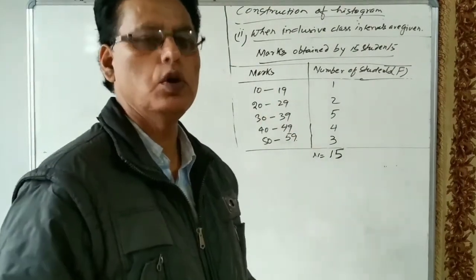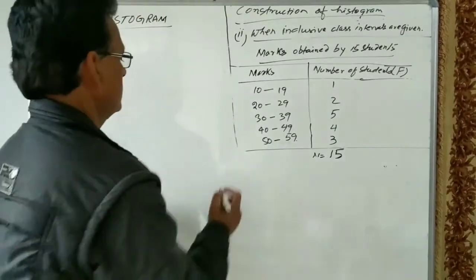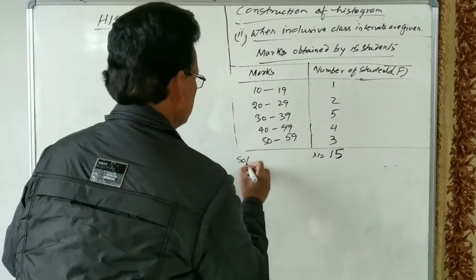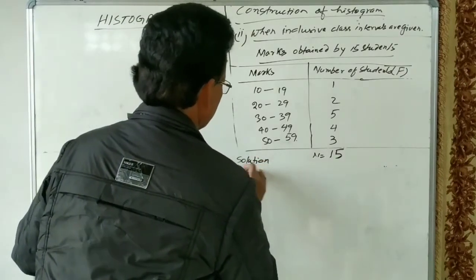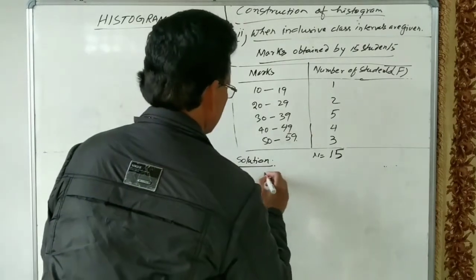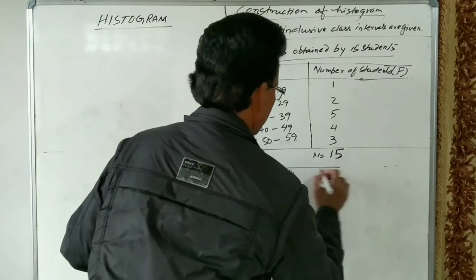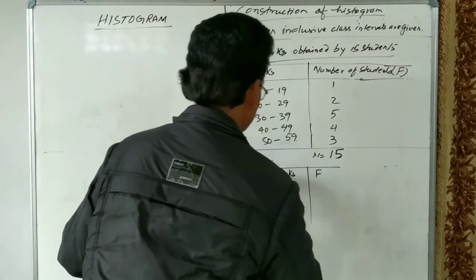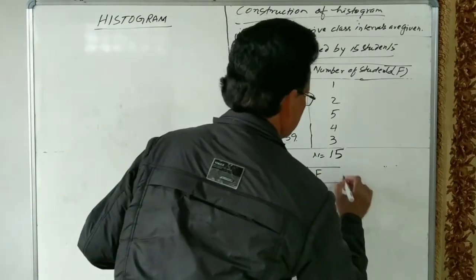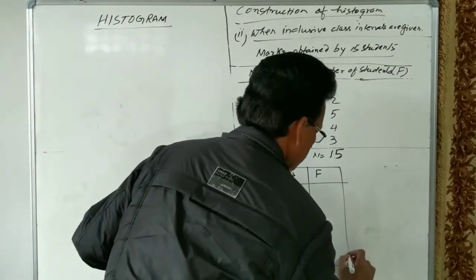Firstly, what can we do? We have to convert it into the exclusive class interval. So in the solution, here we write the marks and here we write the frequency. Frequency means number of students. Let us see how we can convert this.